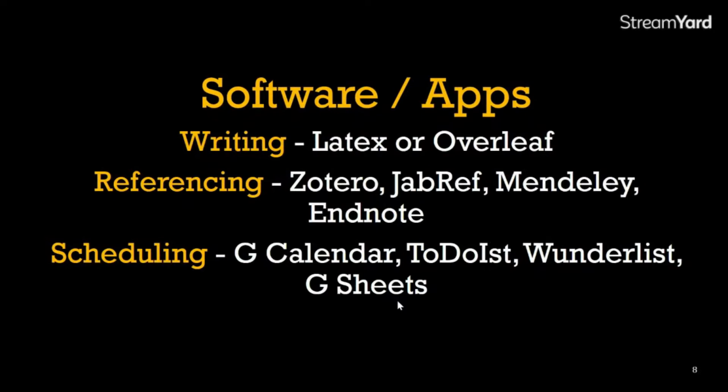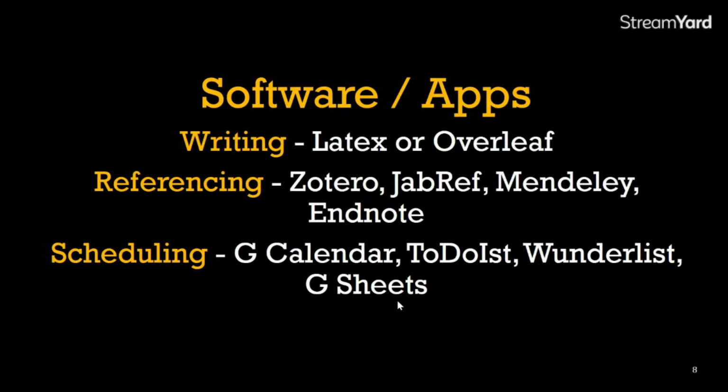For writing, you might use LaTeX or Overleaf, or there are many others, or just traditional Word, for writing your thesis. The next is different types of referencing software that you may need to use.